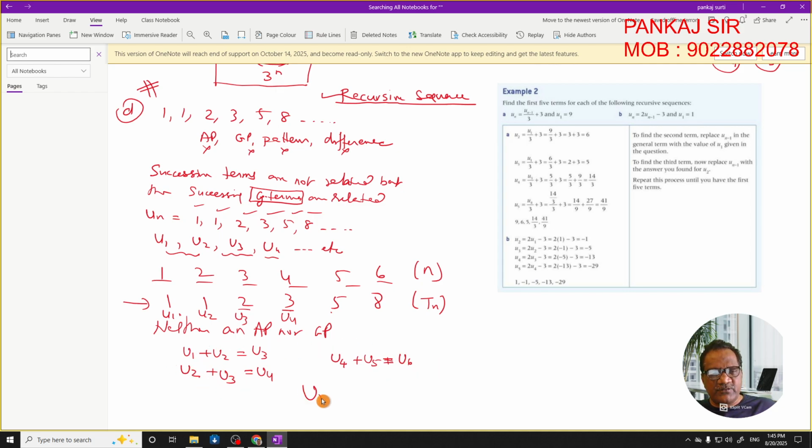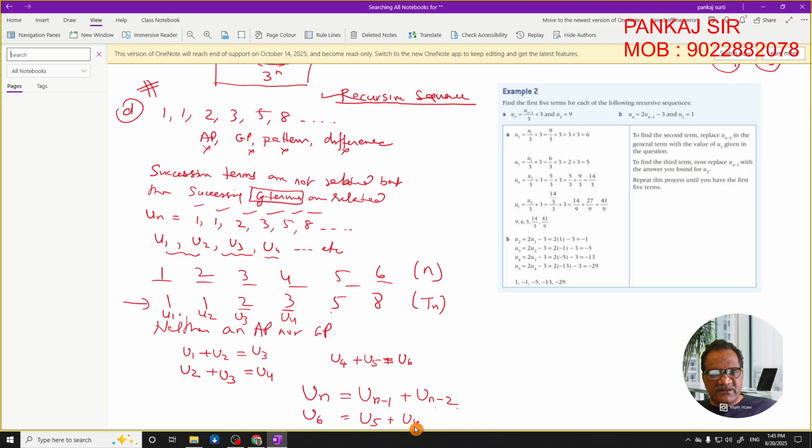So you can write un, the general term, is equal to u n minus 1 plus u n minus 2. Now what is n minus 1 and n minus 2? Suppose this is u6, so n is 6. This will be 6 minus 1, so u5, and this will be 6 minus 2, so u4.